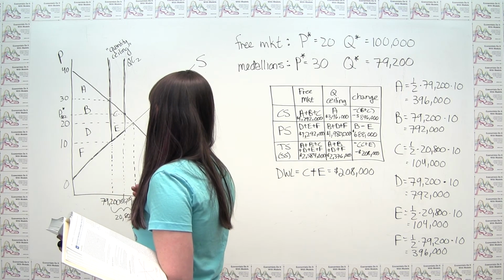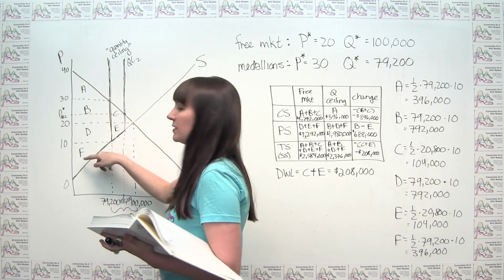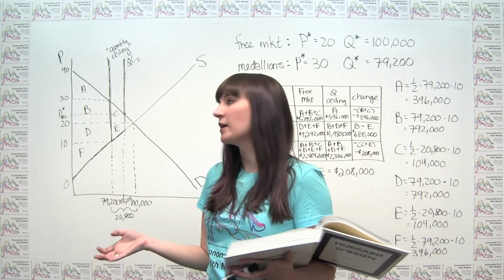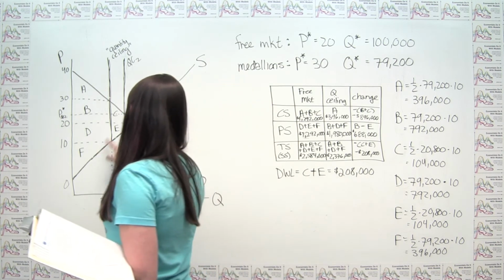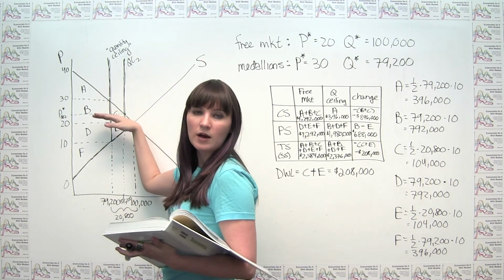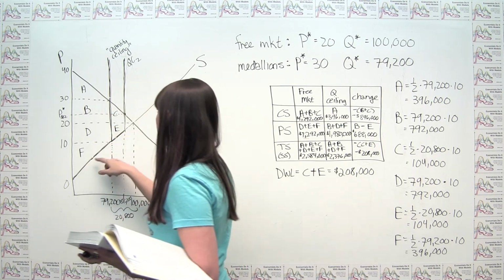Producer surplus, we can see, used to be this area B, D, and F. So the way to think about their changes is a little bit more complicated because they're able to sell more taxi rides, but they're actually doing so at a lower price than they were before. So you have two competing effects here.